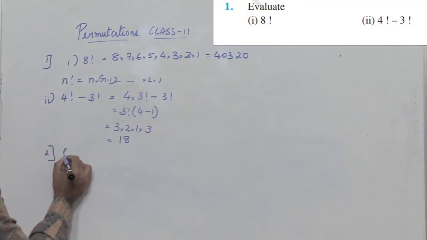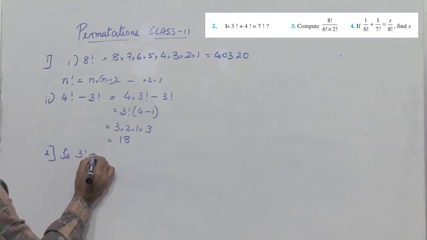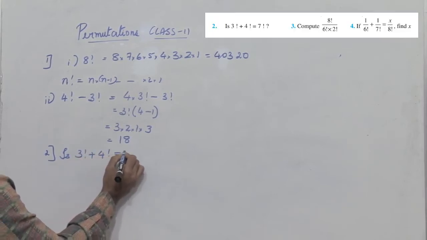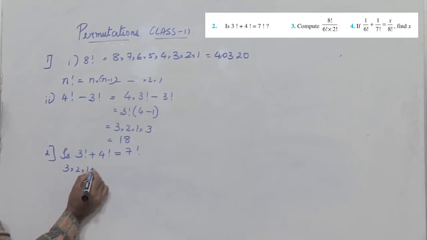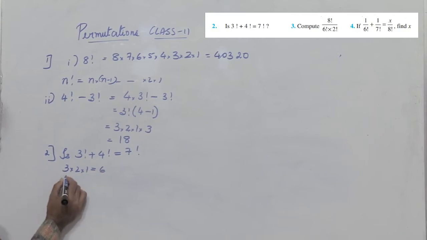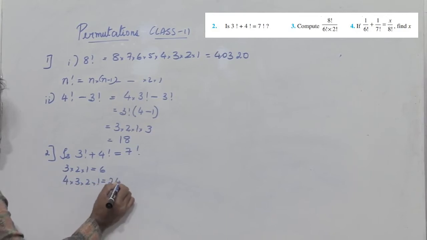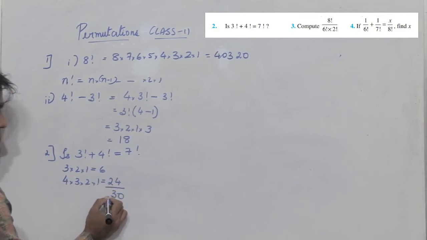Next, is 3 factorial plus 4 factorial equal to 7 factorial? Now what is 3 factorial? It is 3 into 2 into 1, which is 6. 4 factorial is 4 into 3 into 2 into 1. So 6 into 4 is 24. And when you add them, you get 30, right?